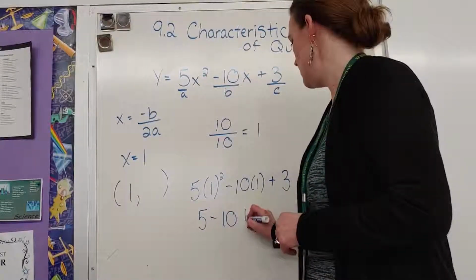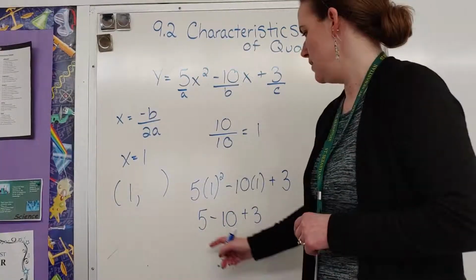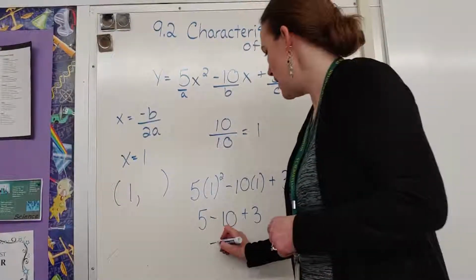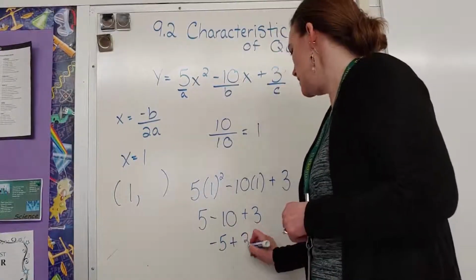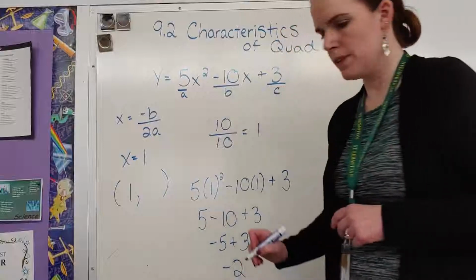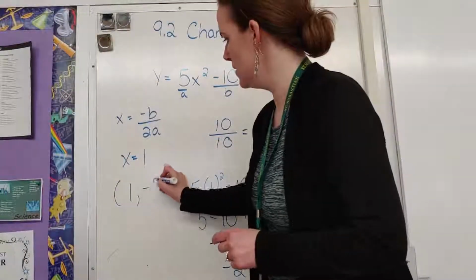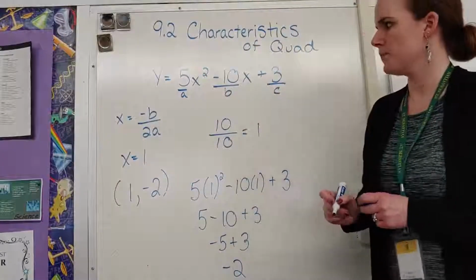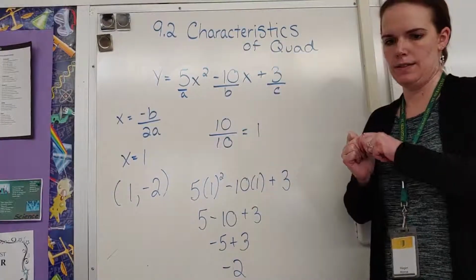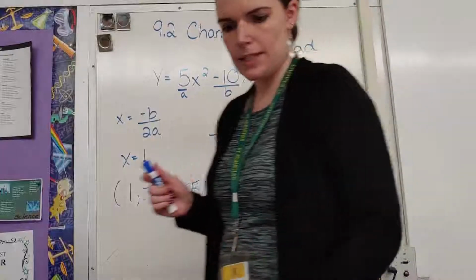Minus 10 plus 3, that'd be a negative 5 plus 3, negative 2. So my vertex is going to be 1, negative 2. And that's pretty much it.